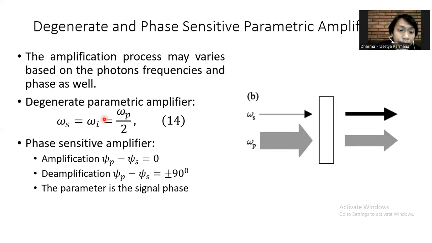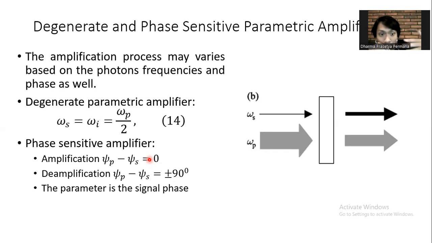The phase sensitive amplifier means that the amplification process depends not only on the material and the frequency of the photons, but also on the phase difference between these photons. Amplification happens if the phase difference between the pump photons and the signal photon, or the idler photon in the degenerate case, is equal to zero, producing a constructive interference.